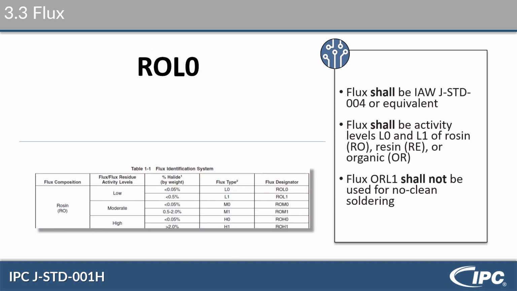Flux shall be in accordance with J Standard 004. There shall be activity levels of L0 and L1 of rosin, RO, resin, RE, or organic, OR. Flux ORL1, so that is organic level 1 flux, shall not be used for no cleaning.